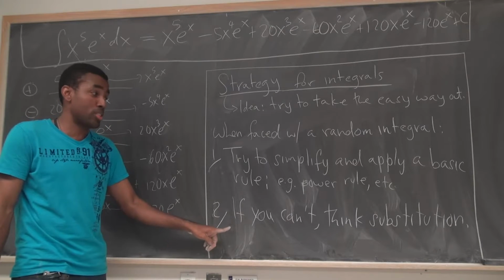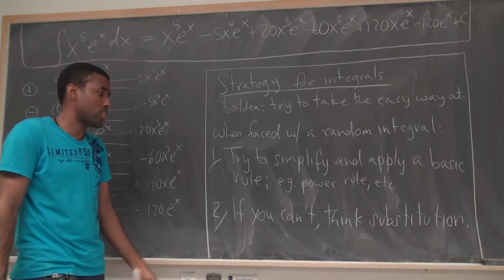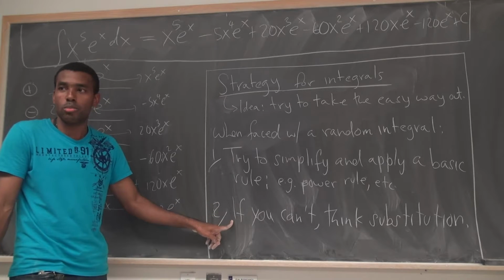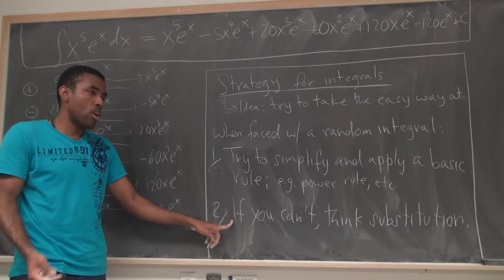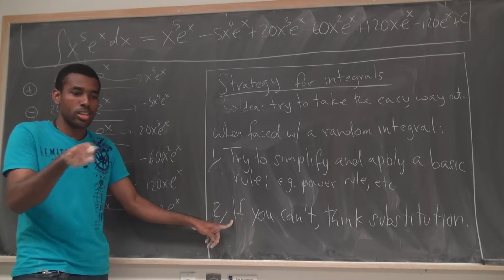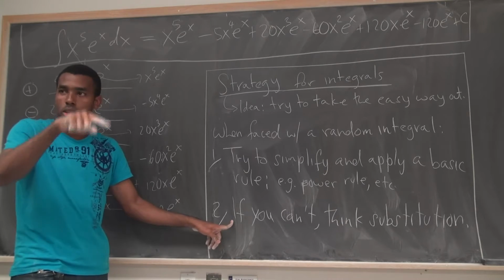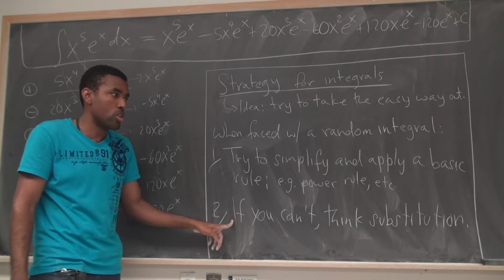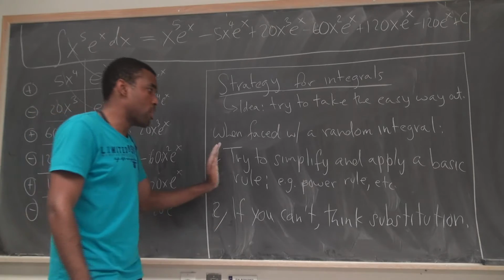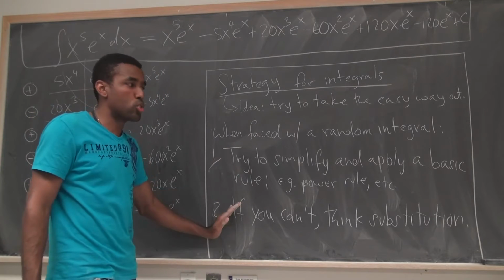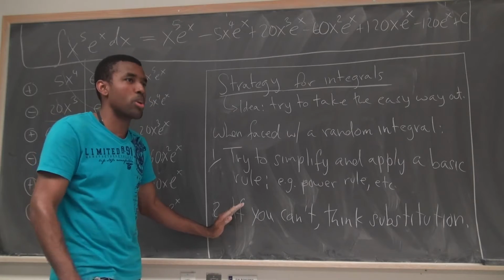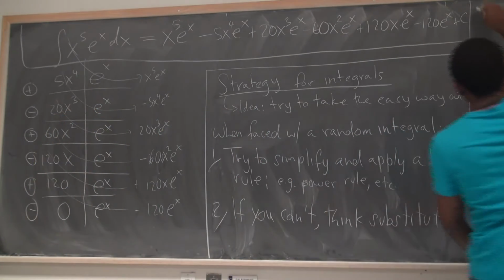A lot of times substitution works in many situations here. And it's one of the easiest techniques to apply, and you can look at it and tell if you make this substitution, the derivative is somewhere else. It's also easy to spot if you know to look for it. So try to apply a basic rule. If that doesn't work, try substitution next. If that doesn't work, then you move on to more exotic things.